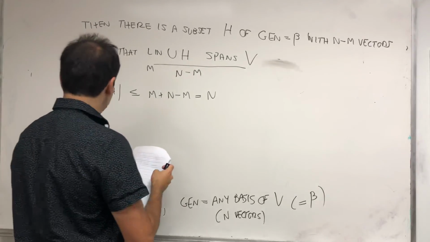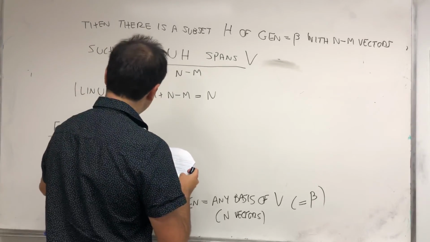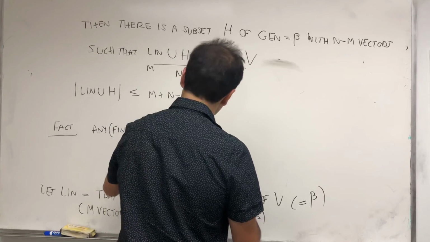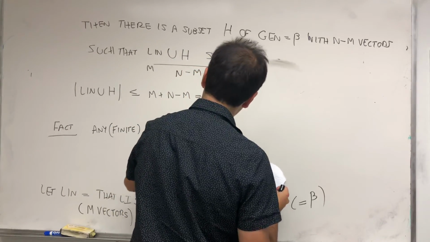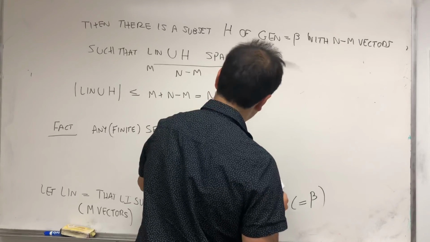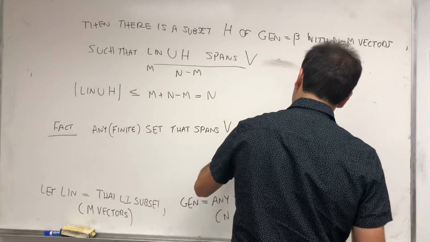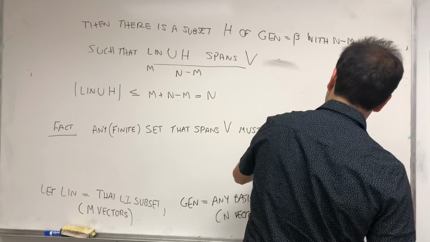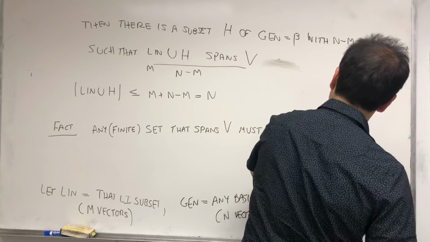So in fact, any finite set that spans V must have at least n vectors.